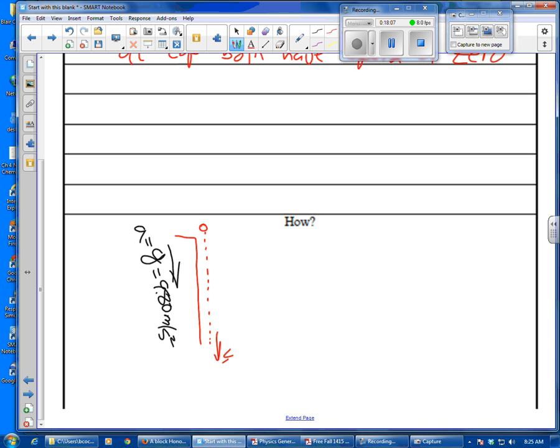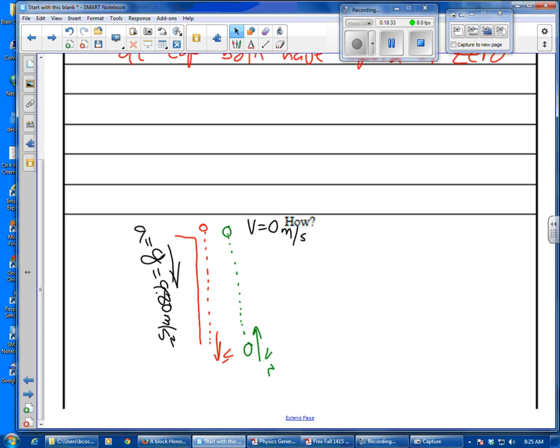And then the second ball starts here, some velocity, we'll call it V2, and it goes up. And when it gets up there, both of them in common have V equals 0 meters per second. Yes?